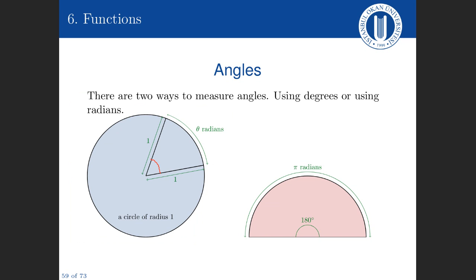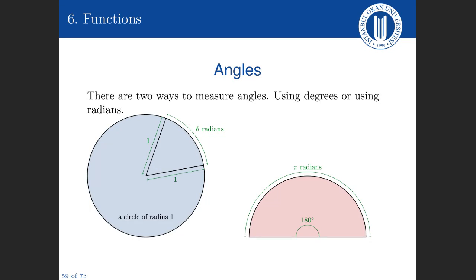We could measure the angle here and write it in terms of degrees. Or what we can do is measure the distance around the outside of the circle. This distance around the outside of the circle is the angle in terms of radians.